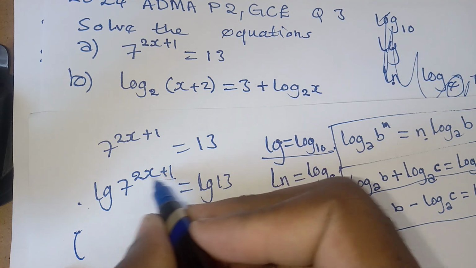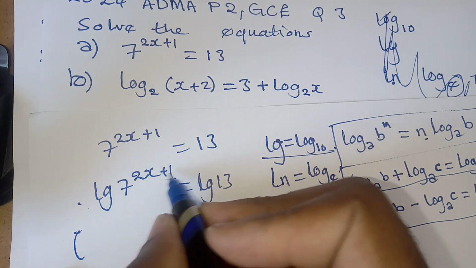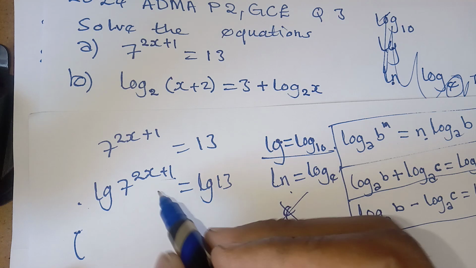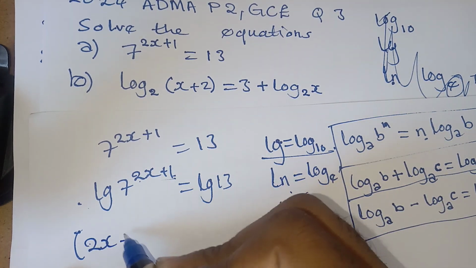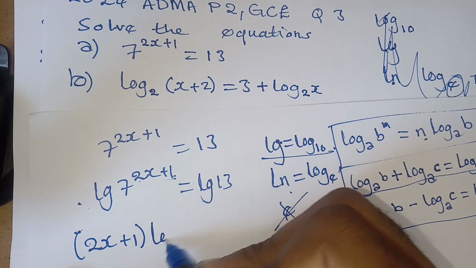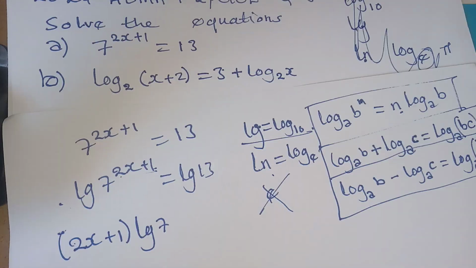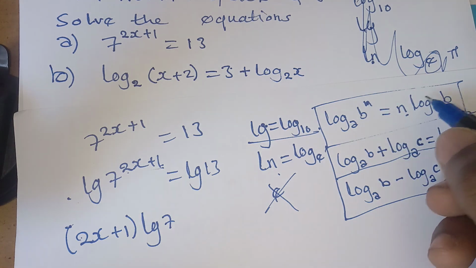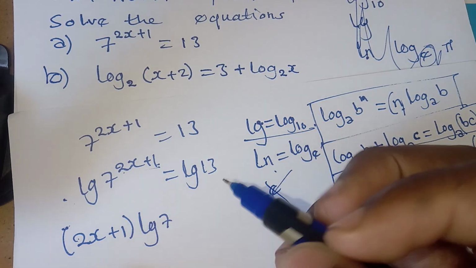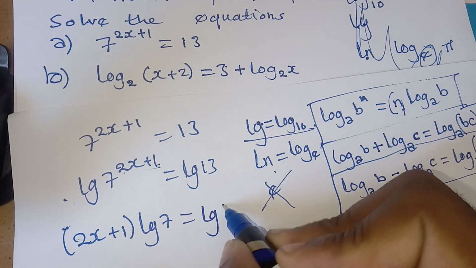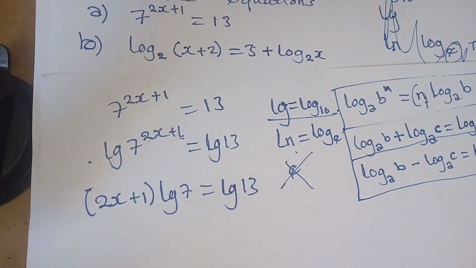So in a case where you have a polynomial or maybe a binomial, make sure that you put it in brackets. If you only have an n like this, then you may not need the brackets, but in this case you need the brackets, otherwise your work may not be correct.